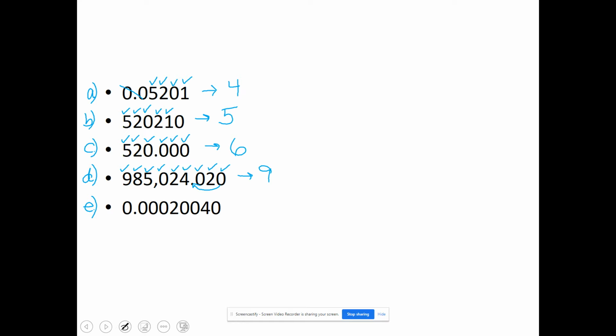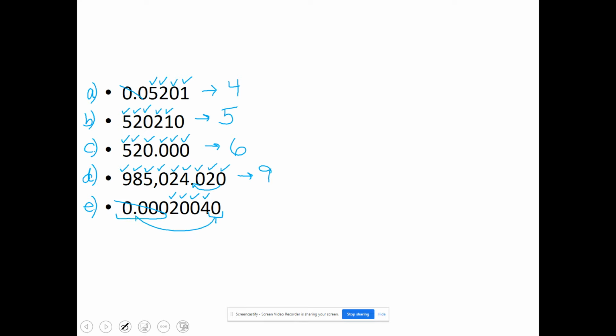All right, letter E, we have the 2 and the 4 that count, so everything in between counts. And then we have our zeros here to deal with and our 0 there. The first zeros are starting zeros. So starting zeros never count at all. Just think of them as always starting. And then this 0 is an end 0, so look at the number.